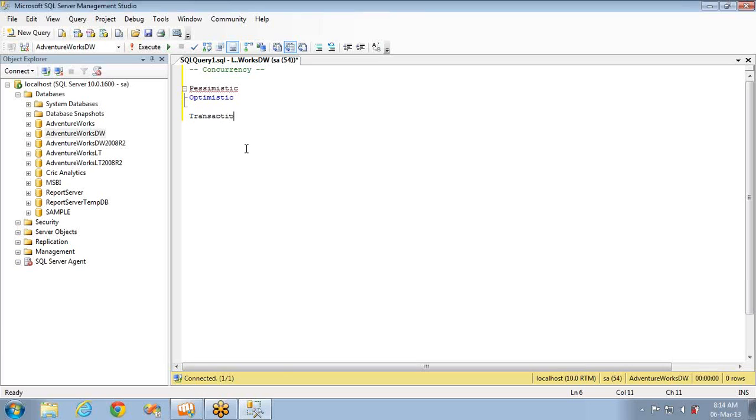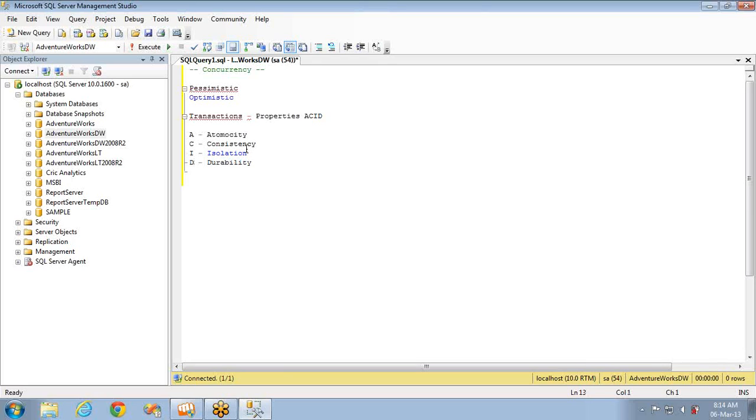transactions. I told you transactions have some properties. In short, we call them ACID properties. So what is meant by ACID properties? In ACID, A stands for atomicity, C stands for consistency, I stands for isolation, and D stands for durability.